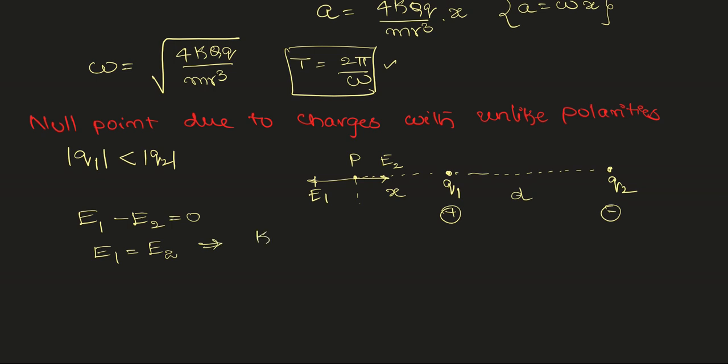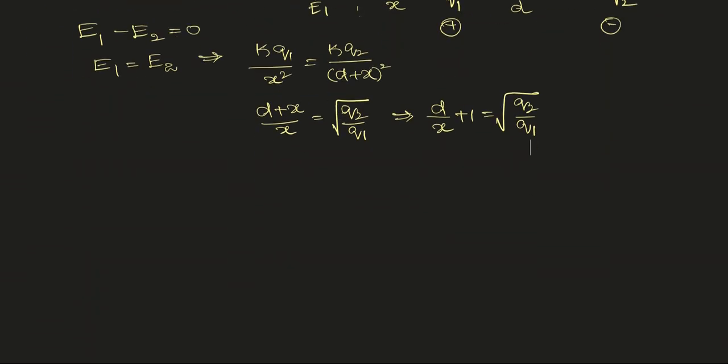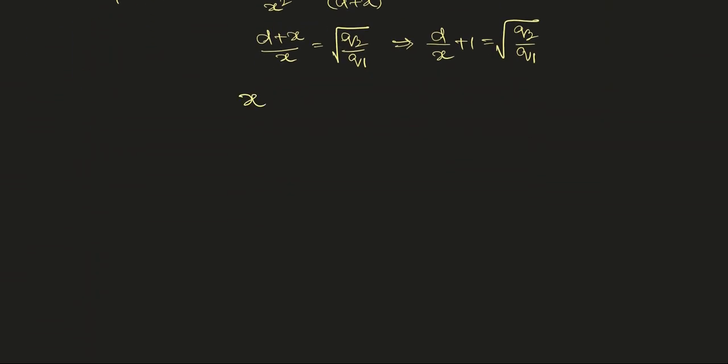That implies KQ1 by x square will be equal to KQ2 by (d plus x) whole square, or (d plus x) by x will be equal to square root of Q2 by Q1, or d by x plus 1 will be equal to square root of Q2 by Q1, or from this you can find x as d by (square root of Q2 by Q1 minus 1).